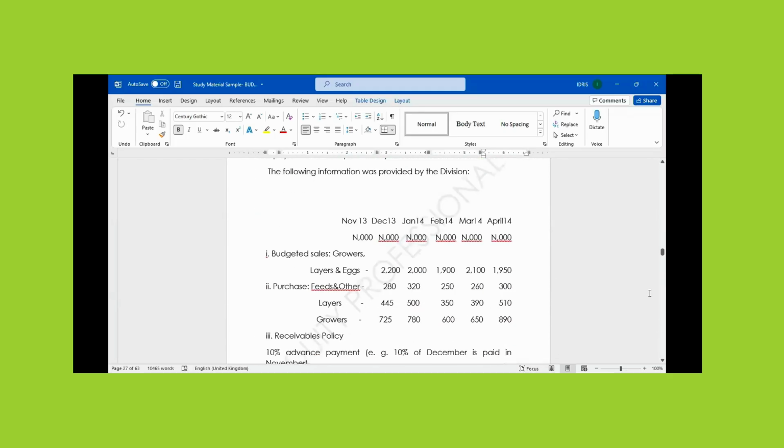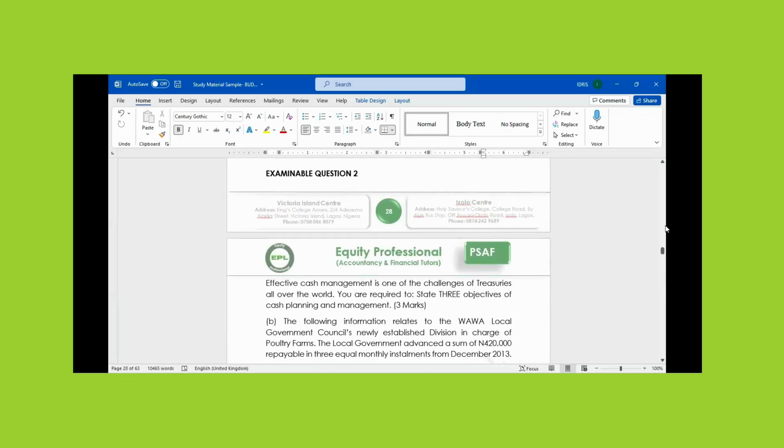For question 2, I want us to solve this question. If somebody should help us read. Question 2. Effective cash management is one of the challenges of treasuries all over the world.